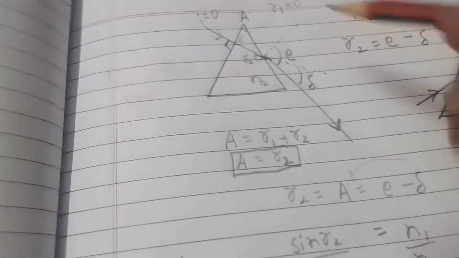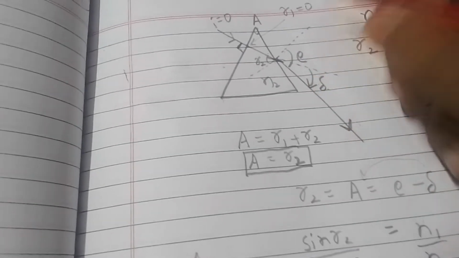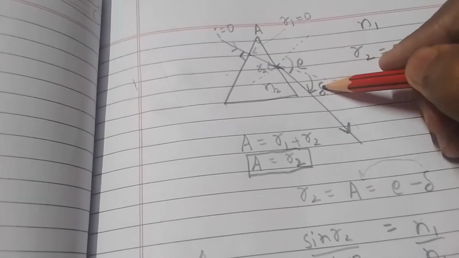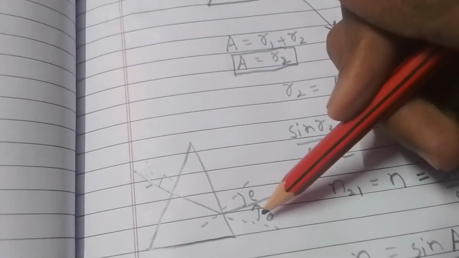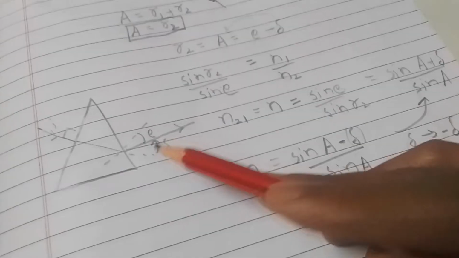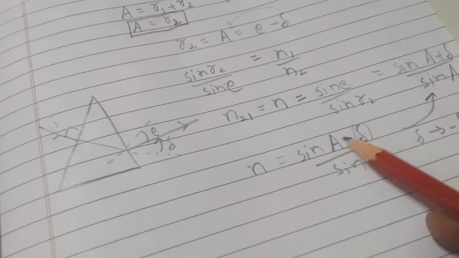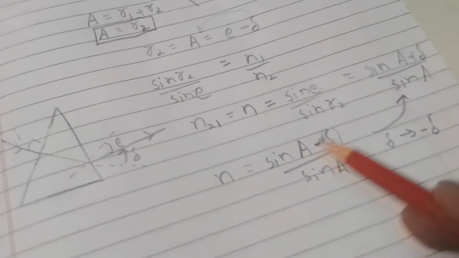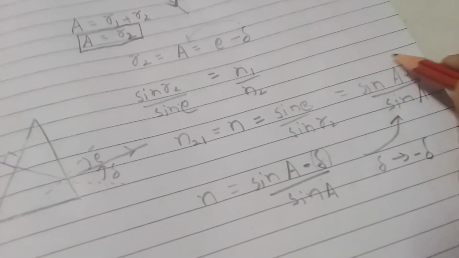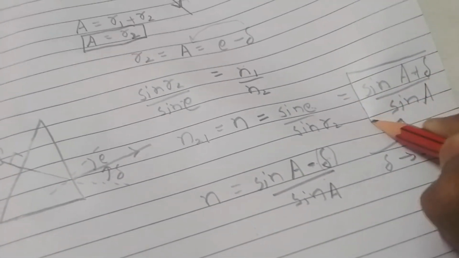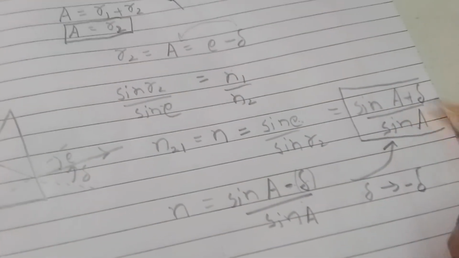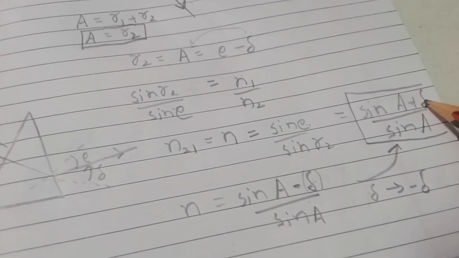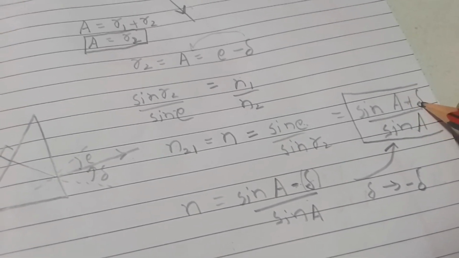Here we measured it in the clockwise sense and hence it was positive. Here, being anti-clockwise, it must be negative, and this can make a blunder if you forget to give proper signs to it. This is the definite formula for any of the given cases of deviation, but you must put it with sign convention.